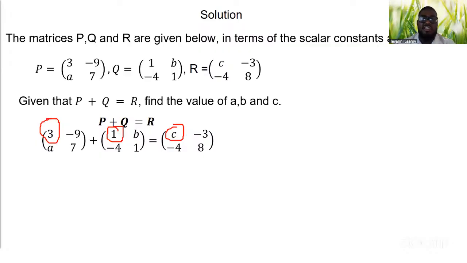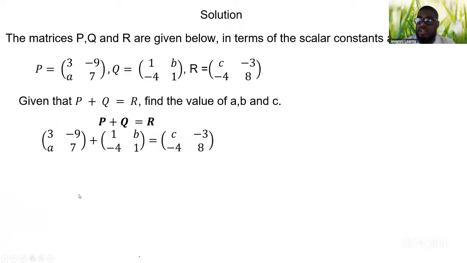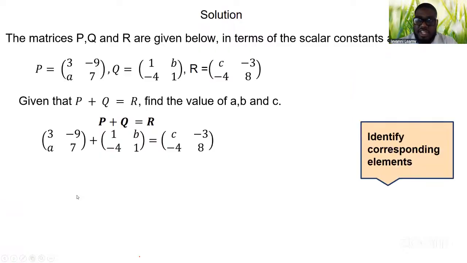So again, you want to make sure that you have all of the positions lined up. You match the position of each of the elements in the matrices, and that's how we show equality in that regard. So let's go through. You would have checked the compatibility, and we would have identified corresponding elements.